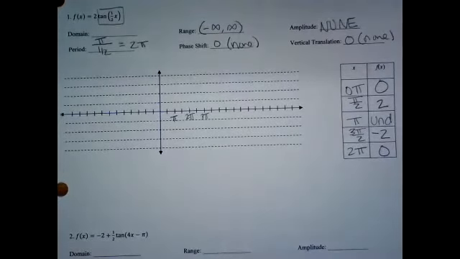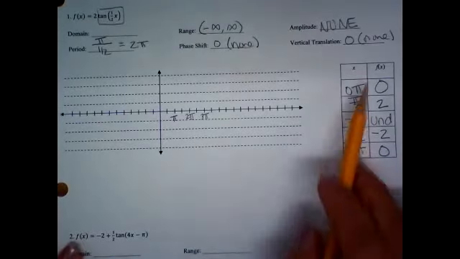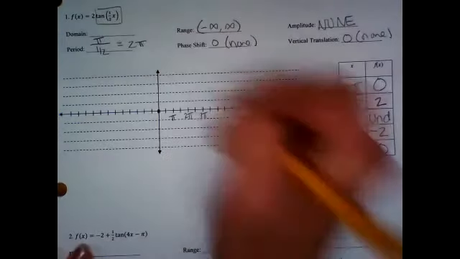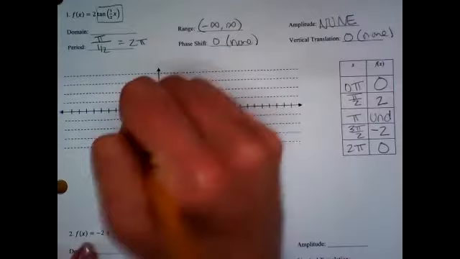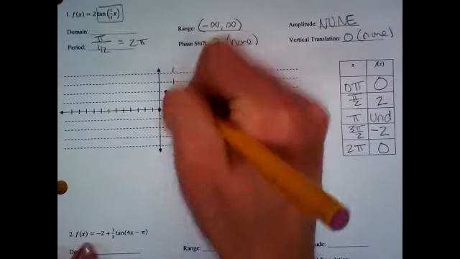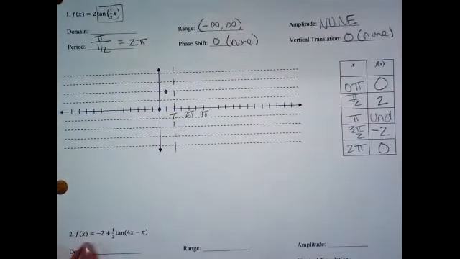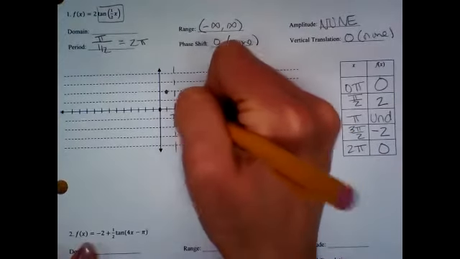And then we're just going to plot those. I want you to show 2 full cycles, so 2 wiggly thingies. All right. So 0, 0, start at the origin. And then pi over 2, 2. And then an asymptote. And then -2, 0.